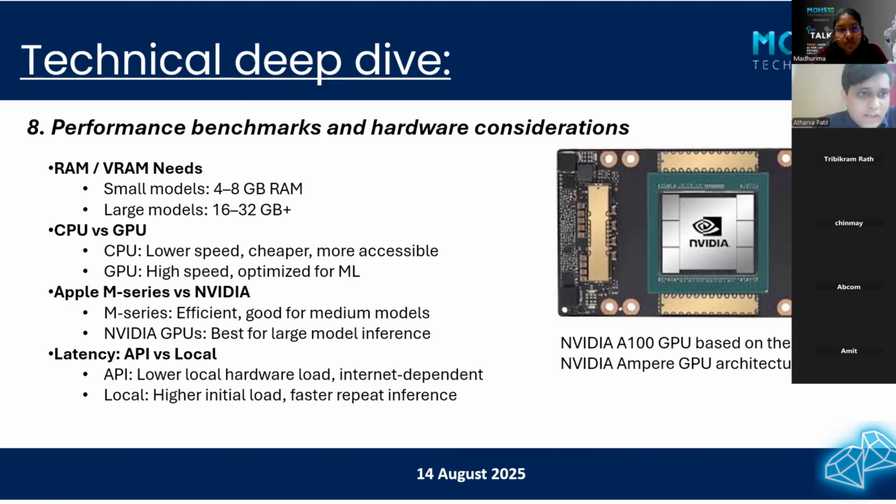For RAM and VRAM, small models require 4 to 8 GB of RAM, and large models 16 to 32 GB. If you are using a CPU, you will get lower speed, but it is cheaper and more accessible. A GPU is high speed, optimized for machine learning. A CPU doesn't have many cores.